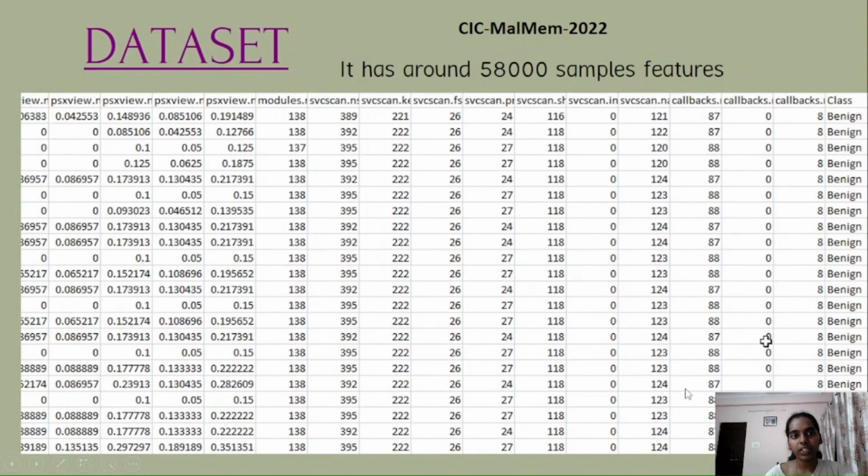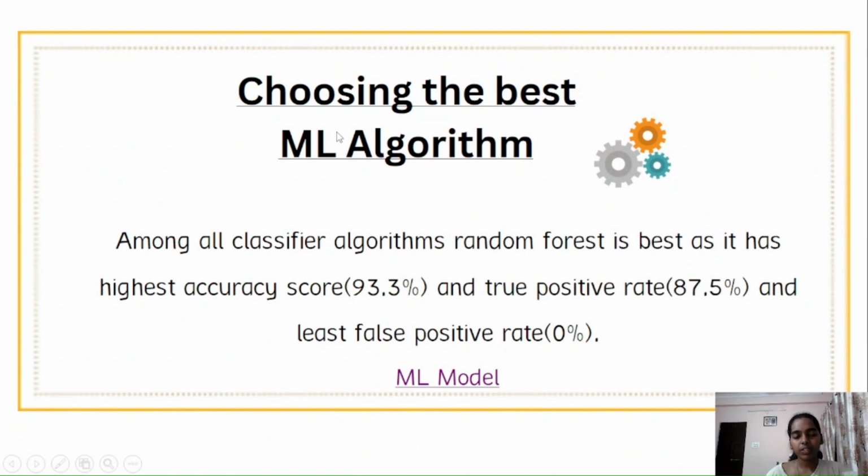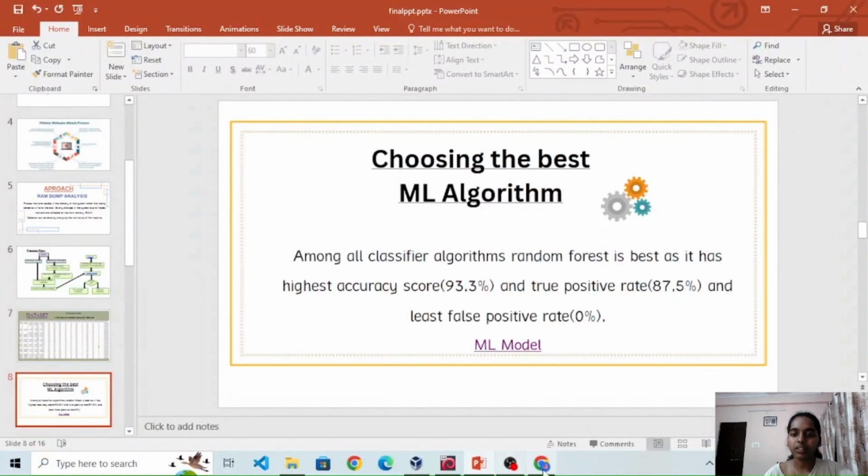It has around 58,000 samples, and the last column tells whether the sample is benign or malware. It has 55 attributes, and for each of the attributes there's a plugin in Volatility. So I've chosen this dataset. Choosing the best ML algorithm among all classifier algorithms, random forest gave the highest accuracy on my dataset, so I've chosen random forest as my ML algorithm.